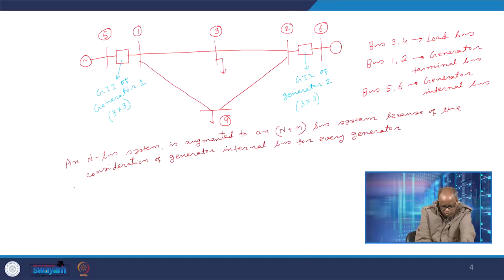Out of these 6 buses, buses 1, 2, 3, 4, the original buses, are unbalanced buses, but buses 5 and 6 are balanced buses. The original n buses, for example here 1, 2, 3, 4, are terminal buses and load buses, so they will be unbalanced.